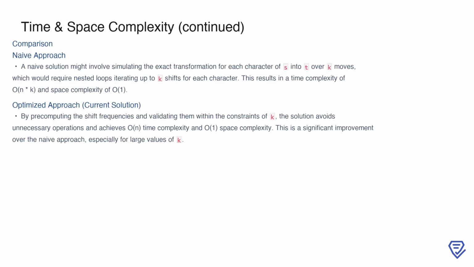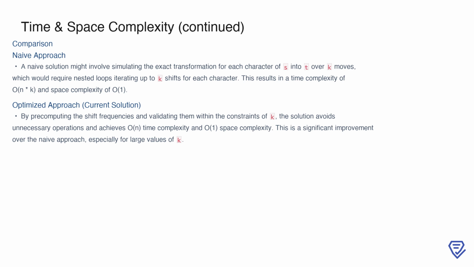To put this into perspective, let's compare the optimized approach to a naive solution. A naive method might involve simulating the transformation of each character in S into T over k moves. This would require nested loops, one iterating over the characters in S and another iterating up to k shifts for each character. This approach leads to a time complexity of O(n*k), which can become very inefficient for large values of k.